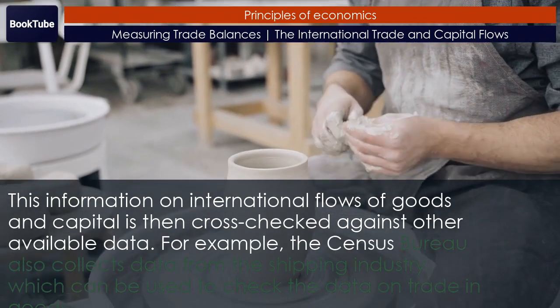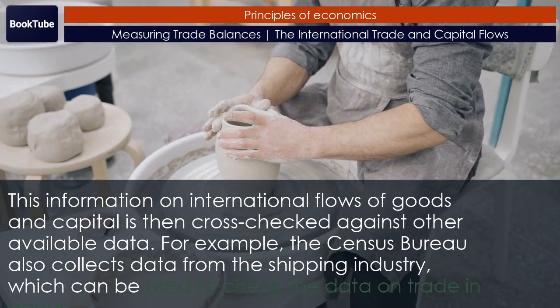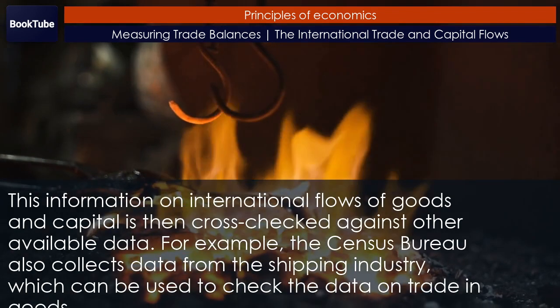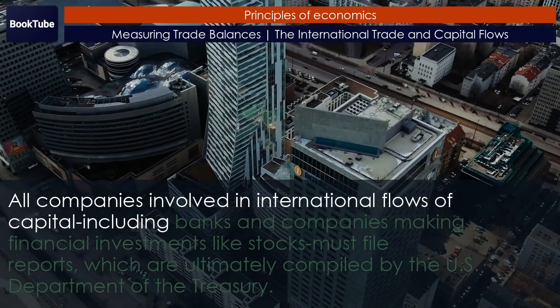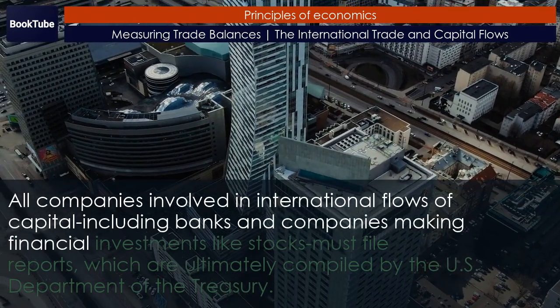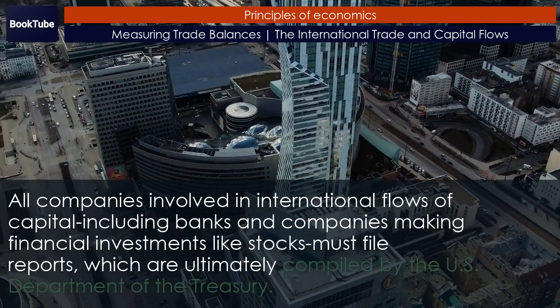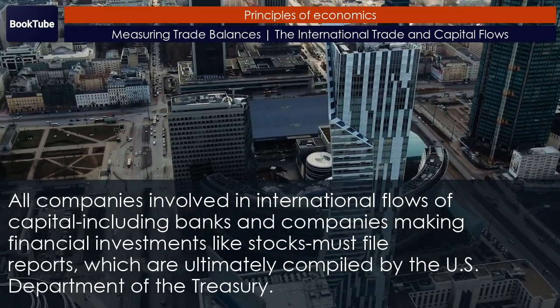For example, the Census Bureau also collects data from the shipping industry, which can be used to check the data on trade in goods. All companies involved in international flows of capital, including banks and companies making financial investments like stocks, must file reports, which are ultimately compiled by the U.S. Department of the Treasury.